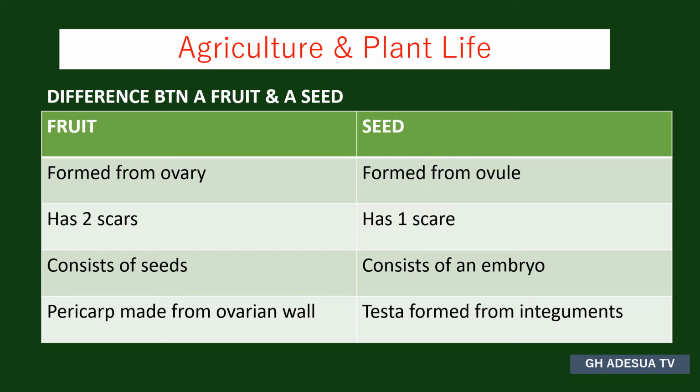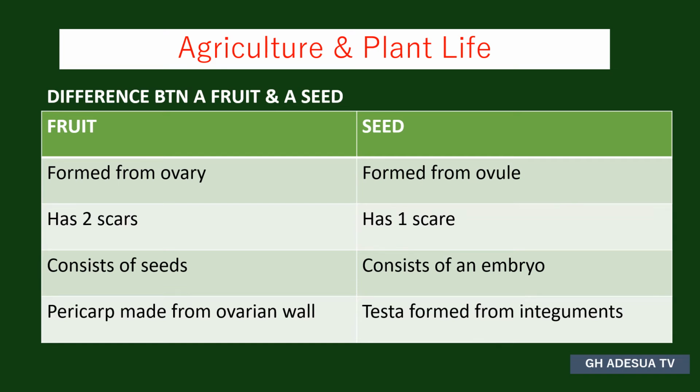And the pericarp is generated from the ovarian wall. We are saying that the fruit is formed from the ovary, so the outermost portion of the fruit is the pericarp, made from the ovary wall.